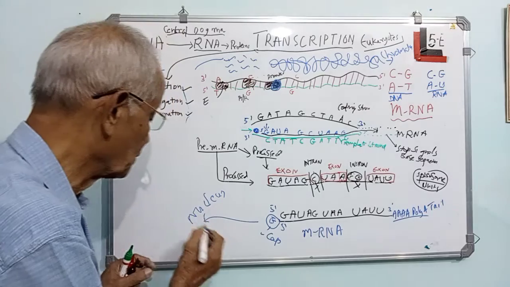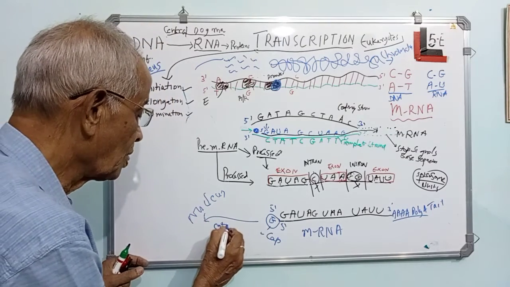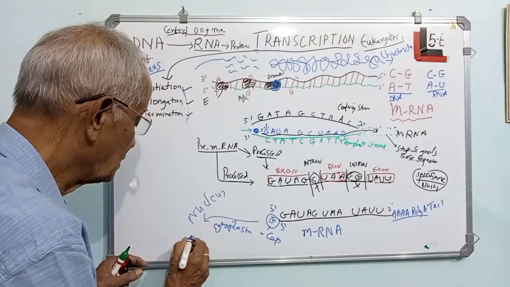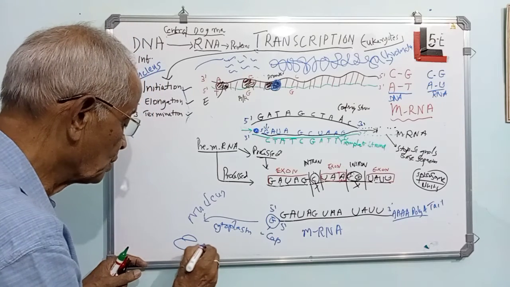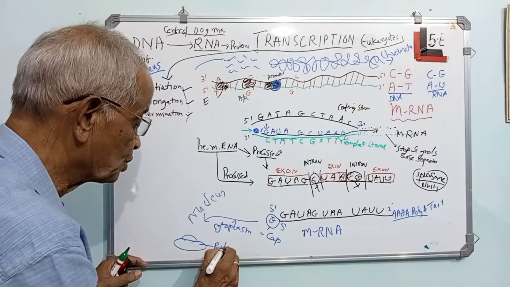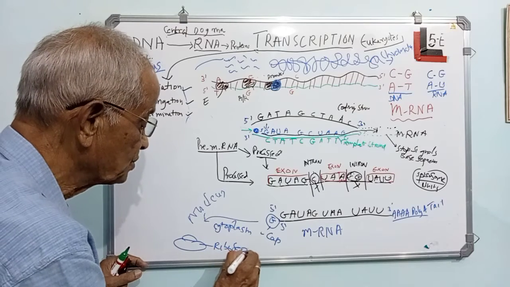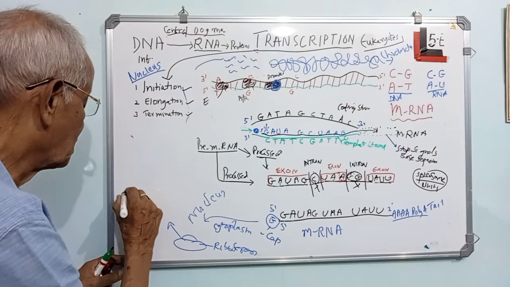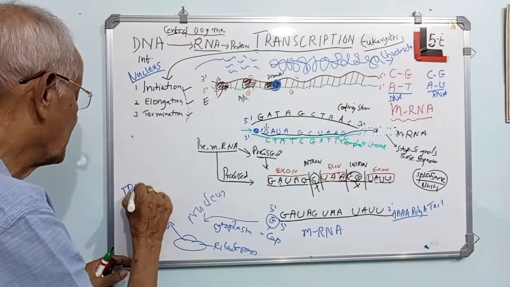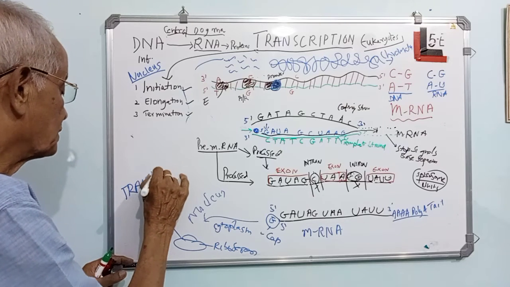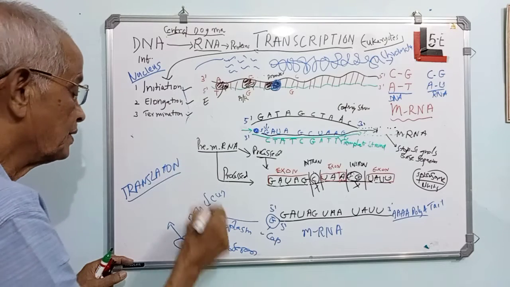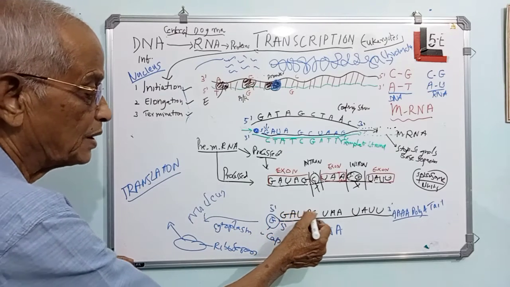It enters the cytoplasm, and then it attaches itself to the structures called ribosomes. It comes to the ribosomes, and in the ribosomes, a lot of reactions will happen, and then a process called translation takes place. And translation will convert the coded material.